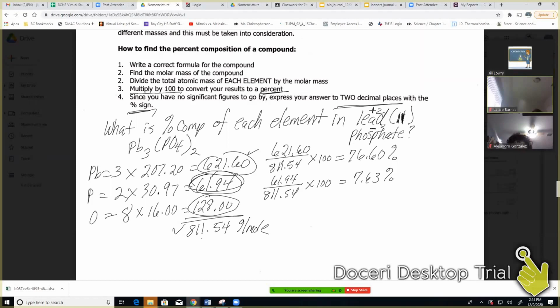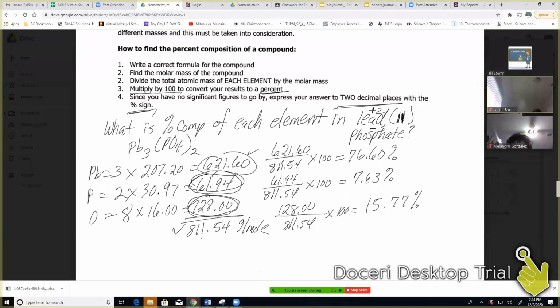And then very last one, I have my oxygen. Total amount, 128. Once again, divided by that same 811.54 times 100. Top number divided by my bottom number, 15.77%.